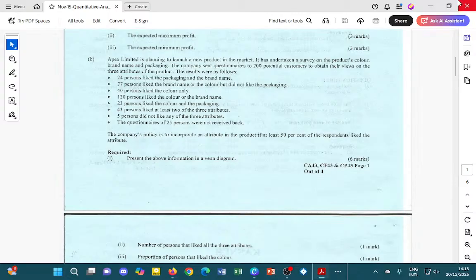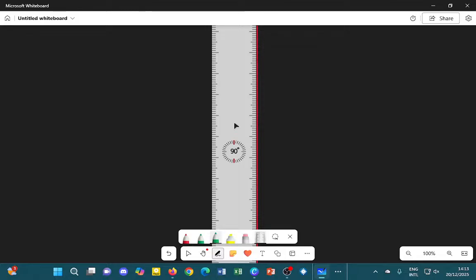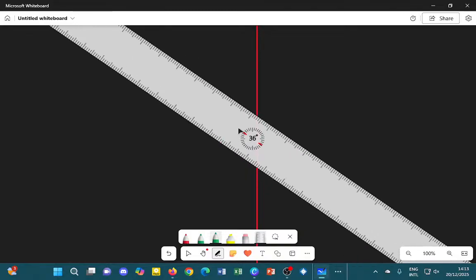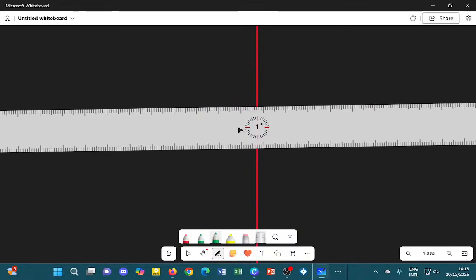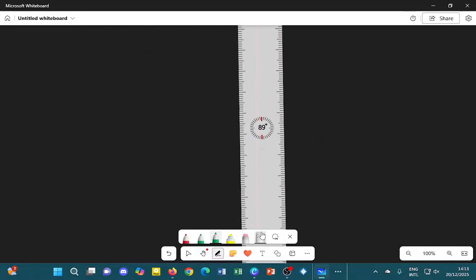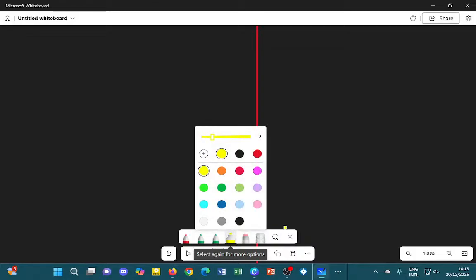So the first thing that I'll do is to draw the Venn diagram, so that, for the sake of neatness, let me first draw the circles. I'll be using yellow for drawing.